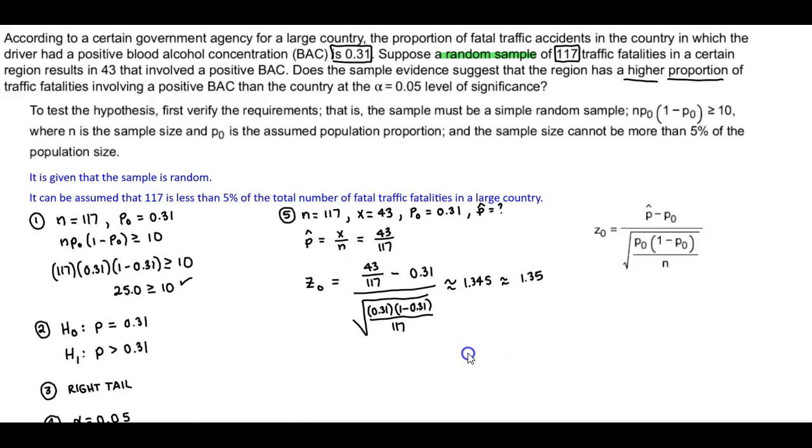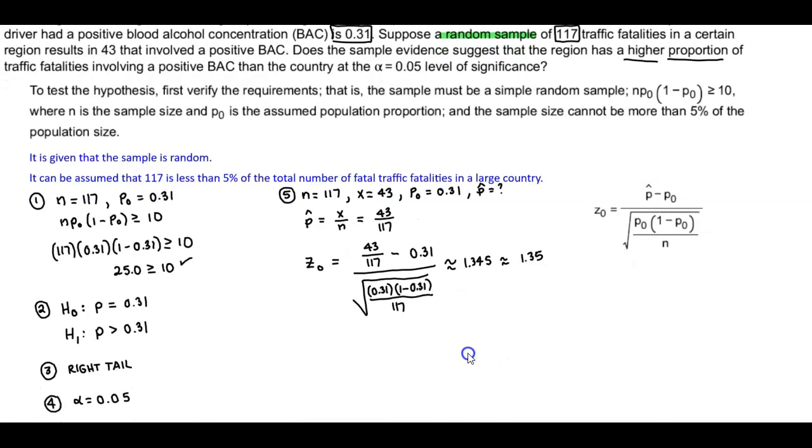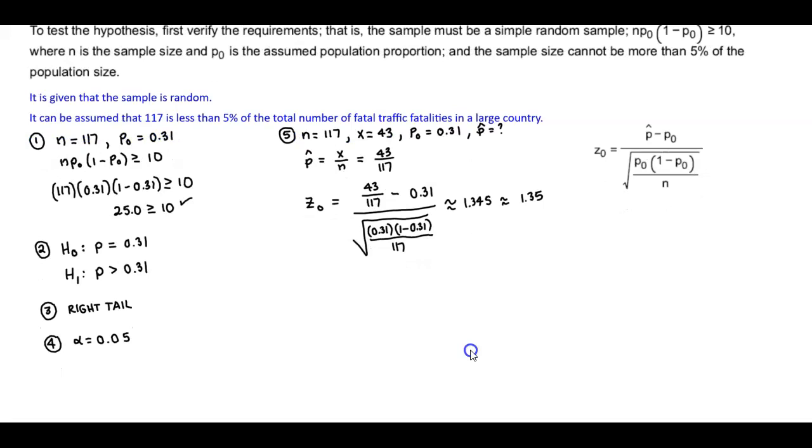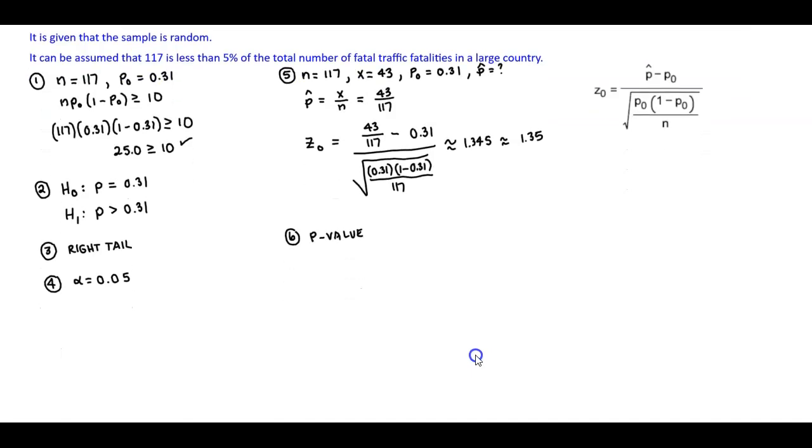Okay, now in this question, they want us to be able to find the p-value. So if we want to find the p-value, let's take a look at what this bell curve looks like. So the bell curve is the following.